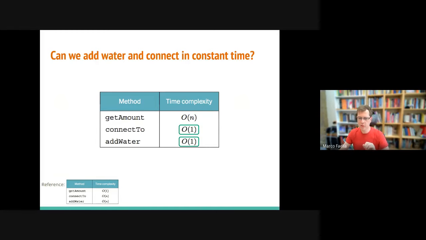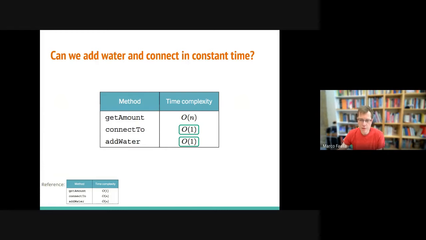You don't care about balancing water in the group. On the other hand, whenever you call get amount, you have to scan the whole group. In this case, you have to scan the circular list and actually balance the water amount, or compute the correct amount balanced among the group. And that's why you end up with a very fast add water and a slow get amount.